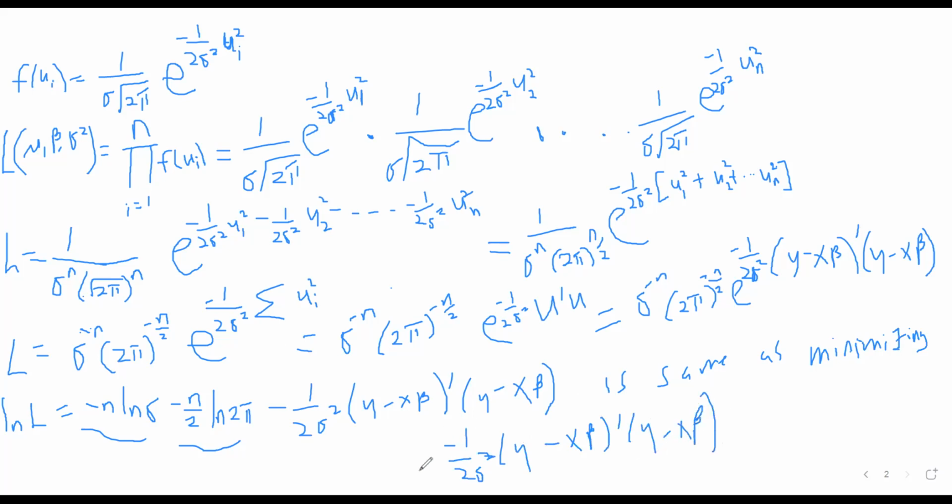In fact, this is a constant, so you can also throw it away, which means it's equivalent to minimizing (y minus x beta) transpose (y minus x beta). Do you see something? Once we minimize this, we are able to get the MLE.